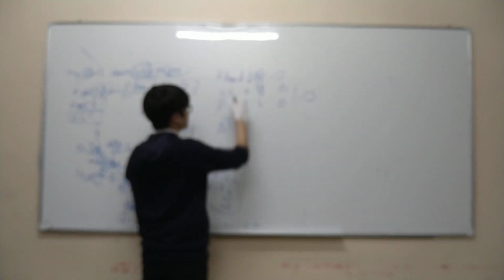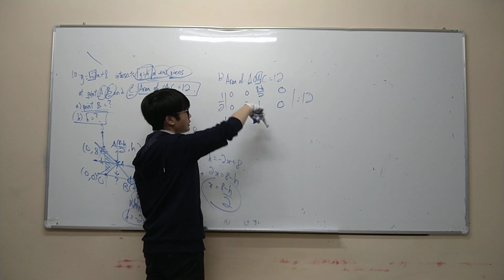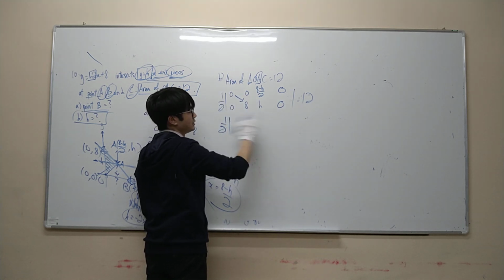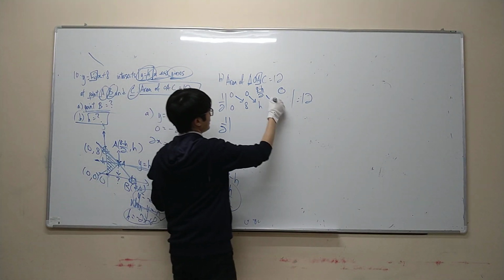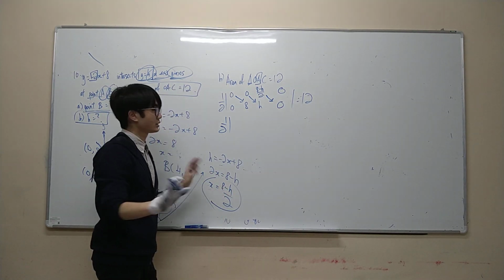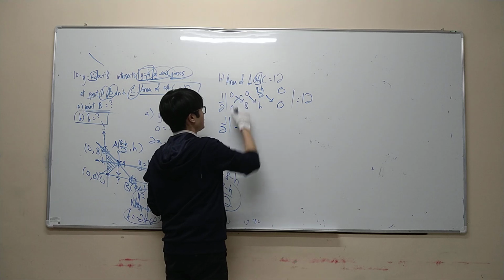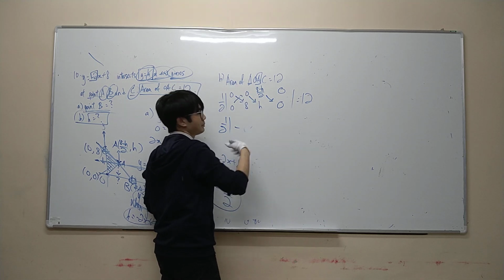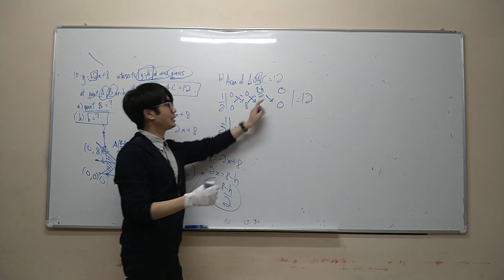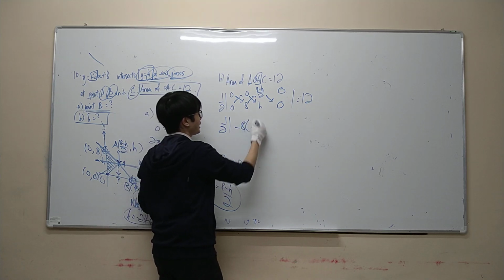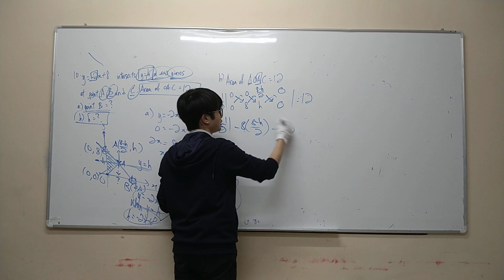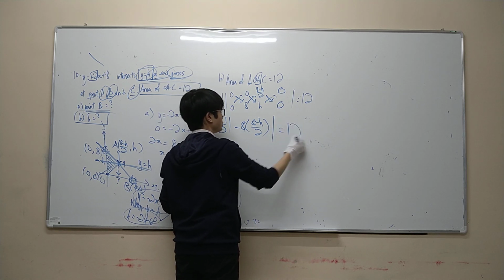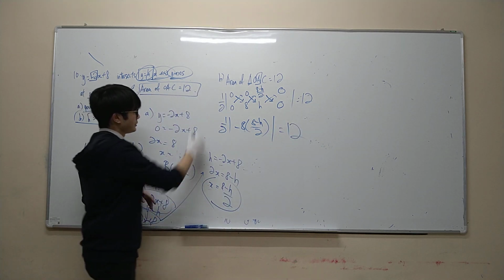So 1 over 2 modulus, multiply diagonally, and go down. 0 times 8 is 0, no need to write. 0 times h is 0, no need to write. (8 minus h) over 2 times 0 is 0, no need to write. And then minus. 0 times 0 is 0 also. Minus, 8 times (8 minus h) over 2, so just write 8 bracket (8 minus h) over 2. And then minus, h times 0 is 0, no need to write. The whole thing equals 12.